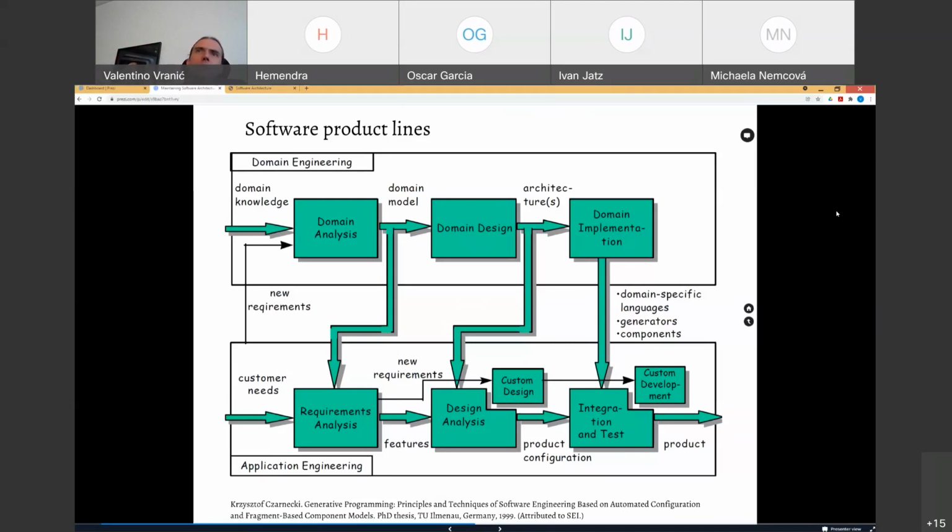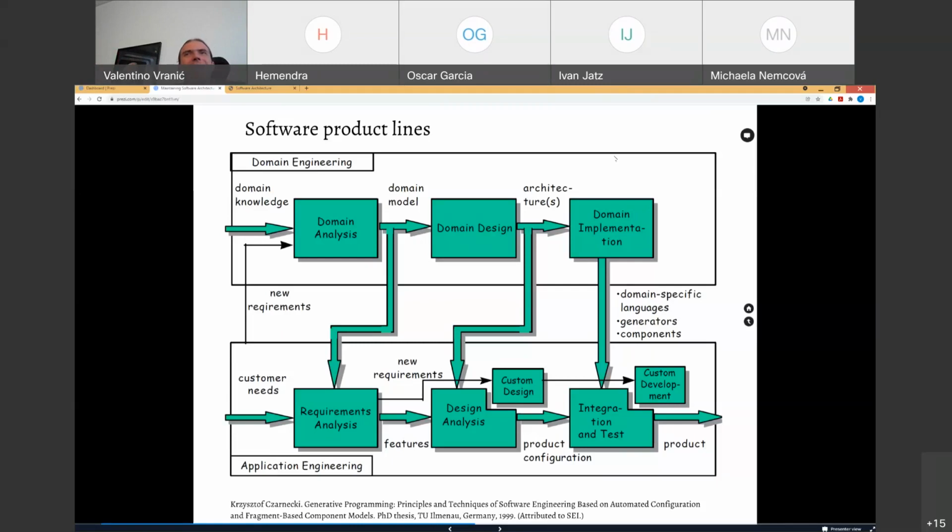So if we use this software product lines approach, it is a limited but powerful and organized approach to software reuse. You can also have an unorganized software reuse called copy paste, where you copy one thing from somewhere and paste it elsewhere.